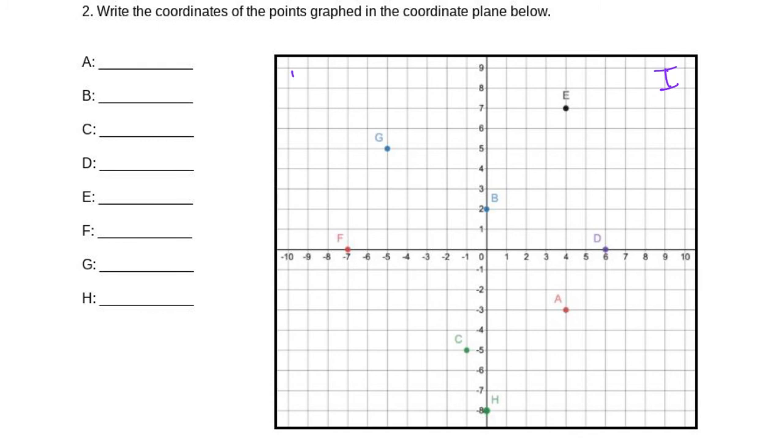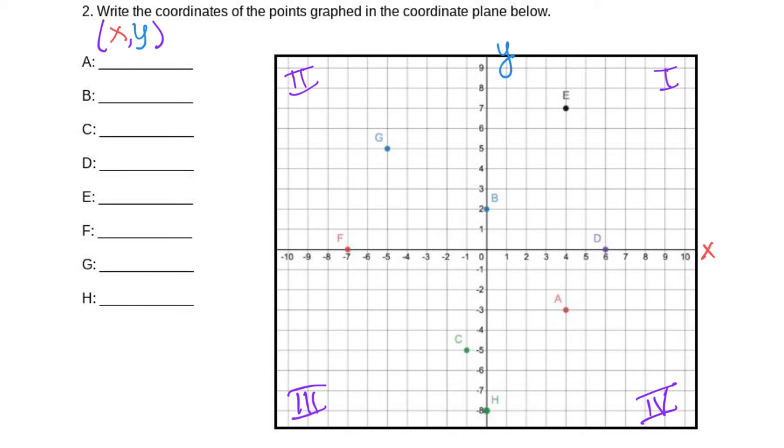So first quadrant, second quadrant, third quadrant, fourth quadrant, please do the same. And I have my x-axis and my y-axis. And just to remember that it is always going to be x, y for my ordered pair, it's a great idea to write that at the top of your page so that you have that visual reminder.